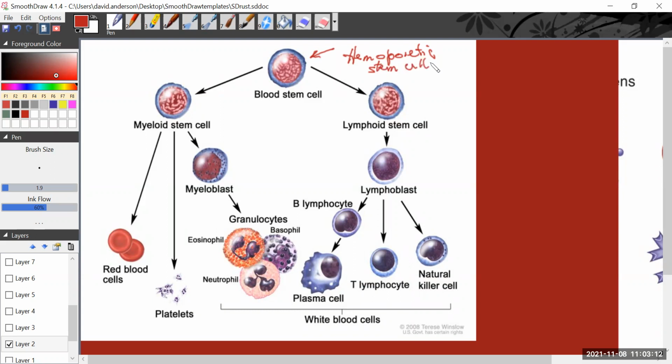When it begins to differentiate during embryonic development, we're going to see it go in two directions. We see a myeloid lineage, and we're going to see a lymphoid lineage. The myeloid lineage is the one responsible for most of the cells we typically think about when we think about cells in blood. So that's going to include our red blood cells. It's going to include a group of white blood cells that are categorized as granulocytes.